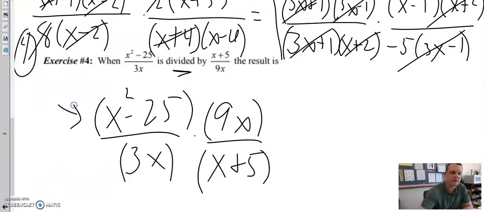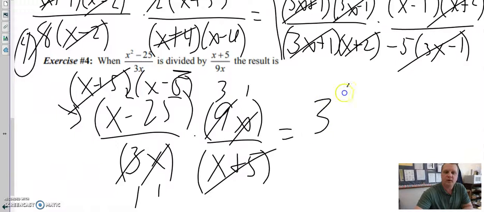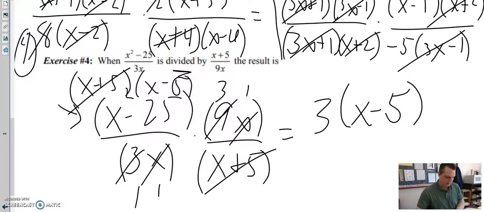This numerator here is the only thing that can be factored. So that factors into x plus 5, x minus 5. X plus 5's cancel. 3 goes into itself once, into 9 3 times. X over x is 1. So 3, x minus 5, which is choice 2, 3x minus 15.